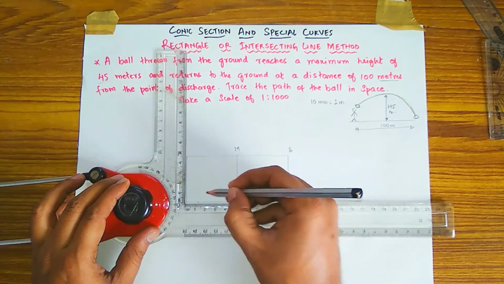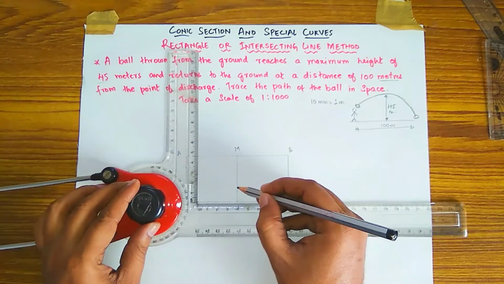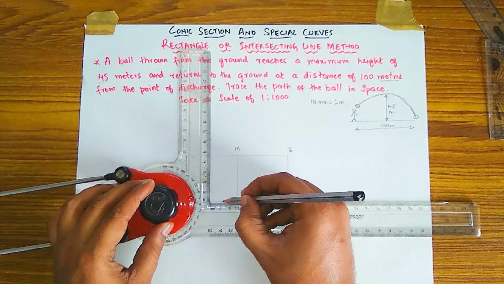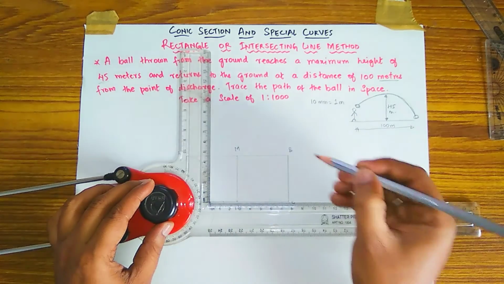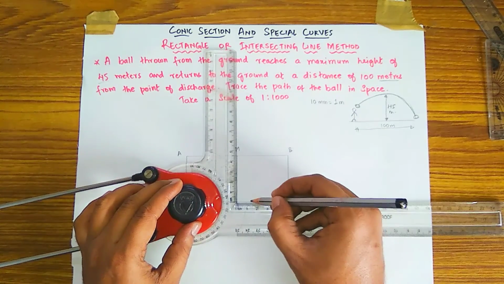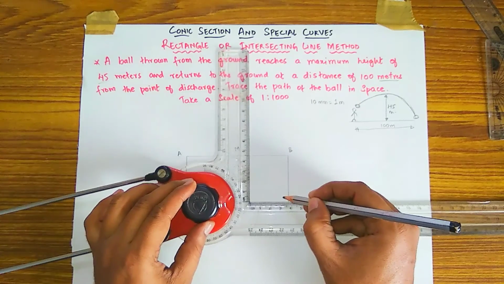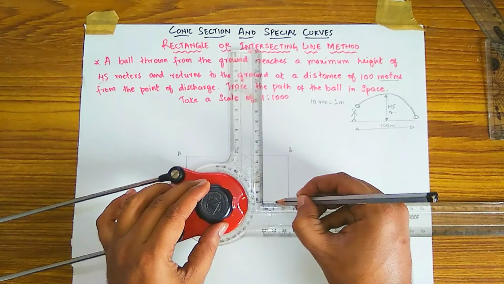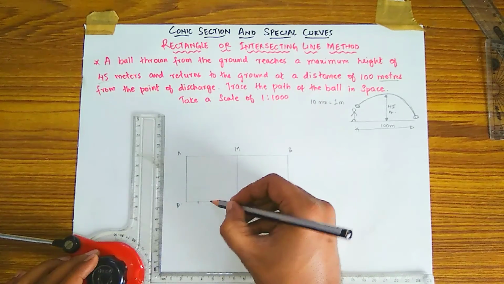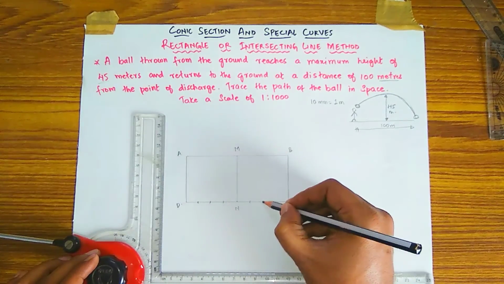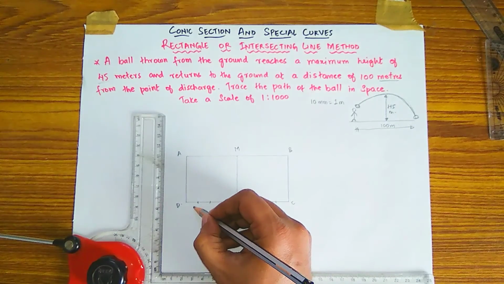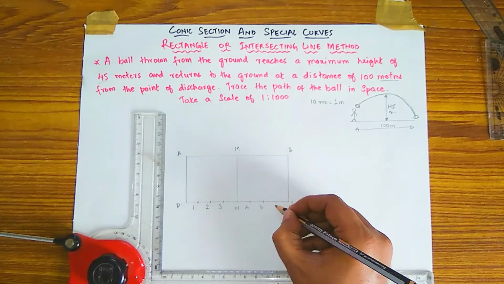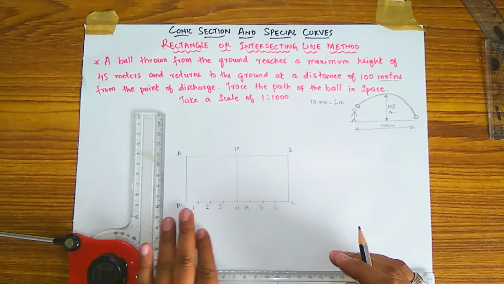Number the points as 1, 2, 3, 4, 5 and 6.